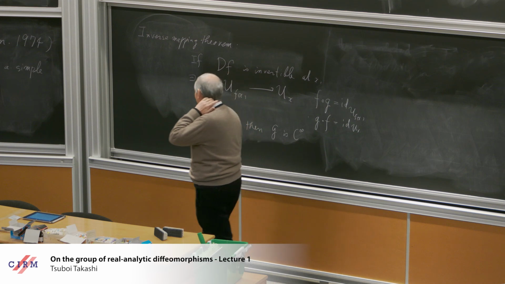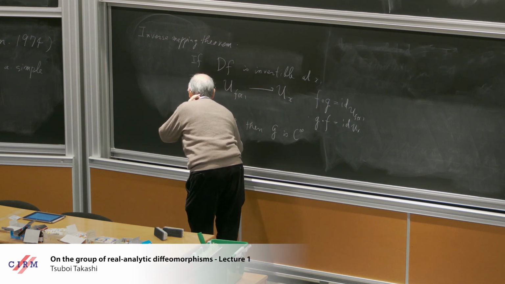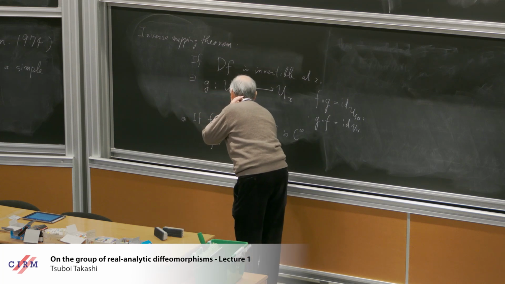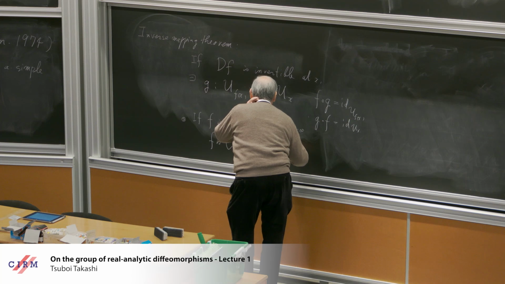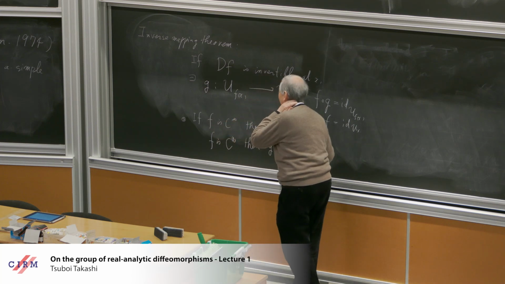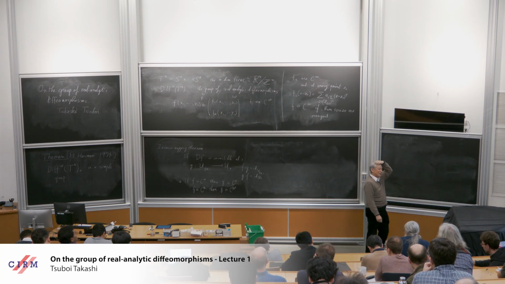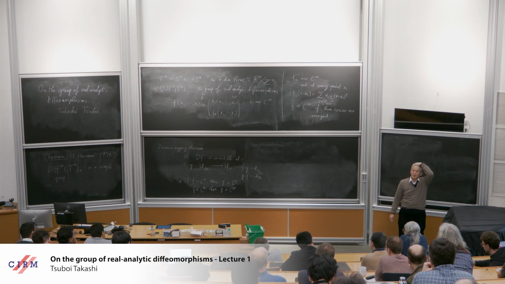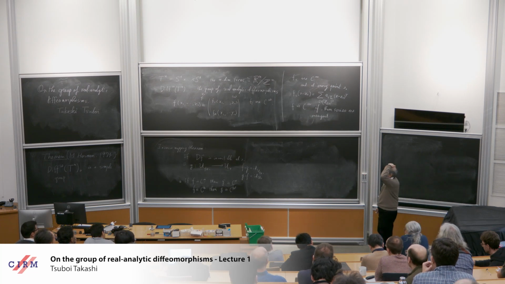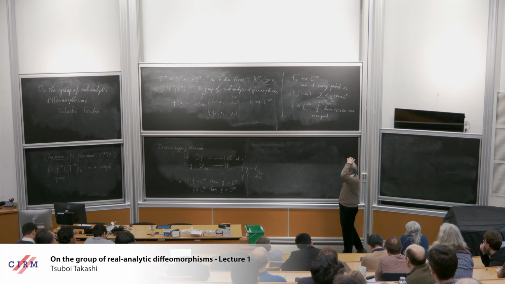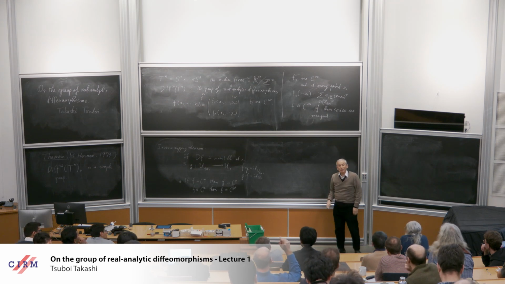And you may try to prove that if f is C omega, then G is C omega. It may be clear for you. Yeah, you can, but with this definition, it is not so clear for me. Yeah, please.